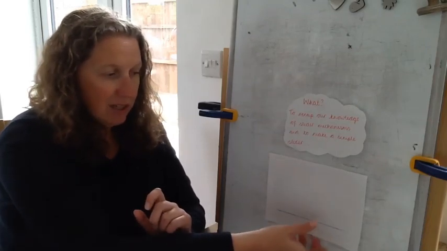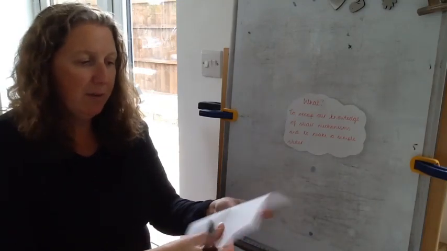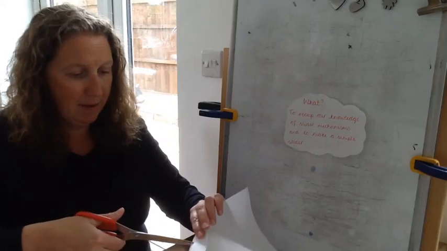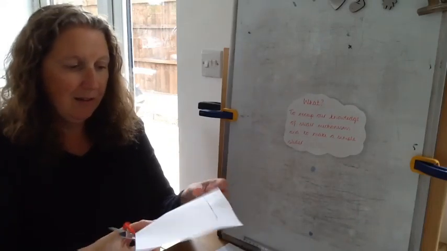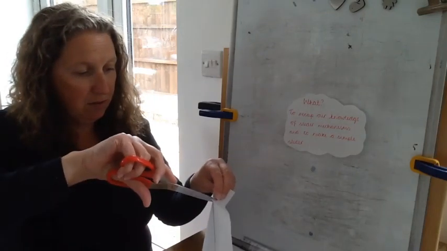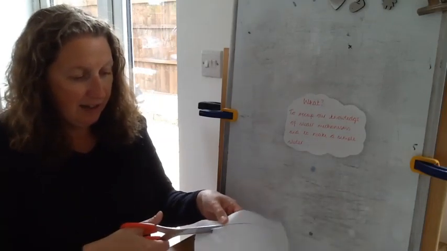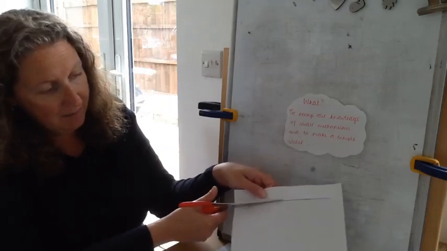To start off with, I'm just going to fold my piece of paper slightly, and I'm just going to do a little snip at each end. This will help me get my scissors into the paper like this, and then I'm just going to cut along my line.